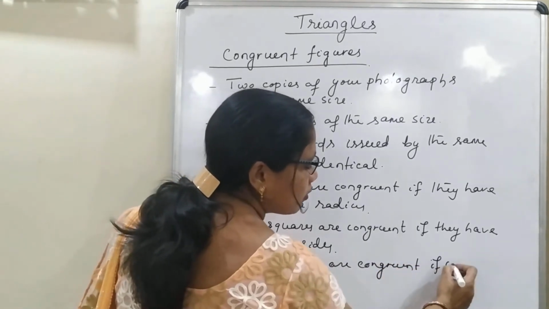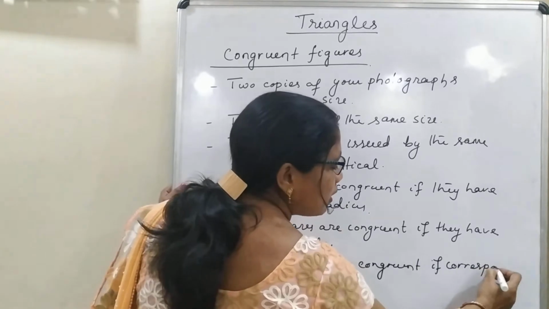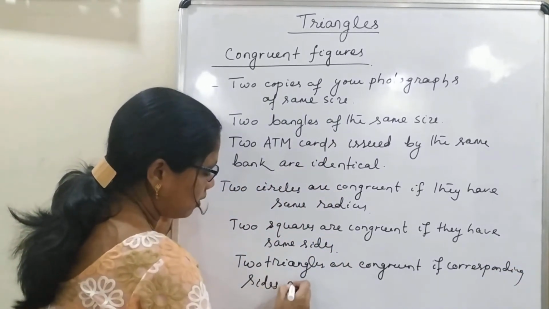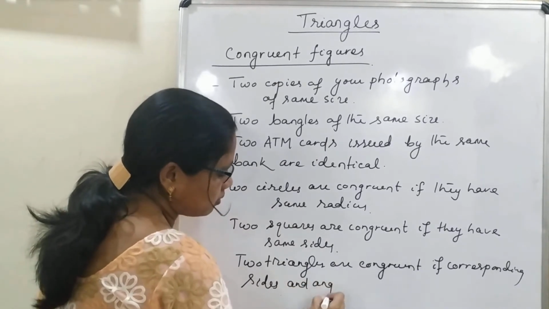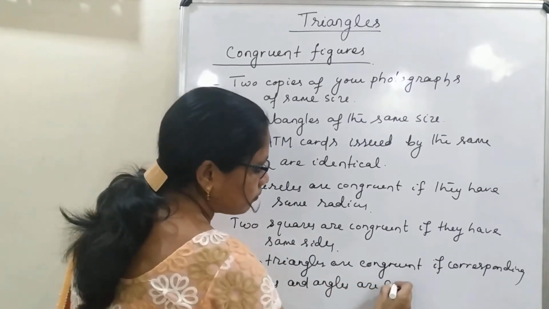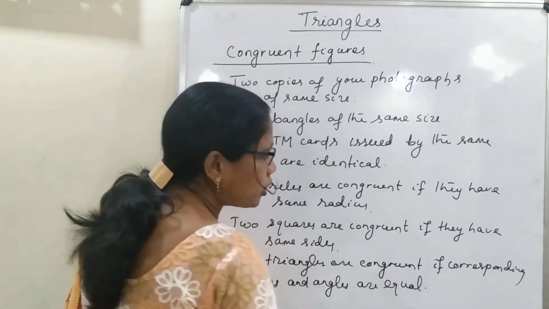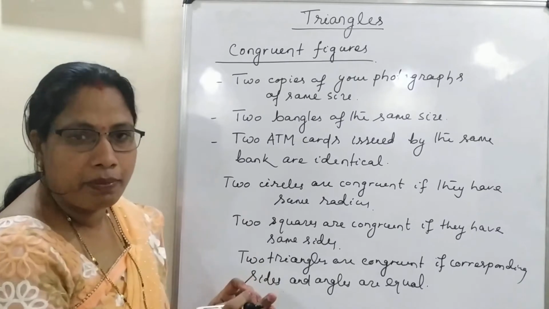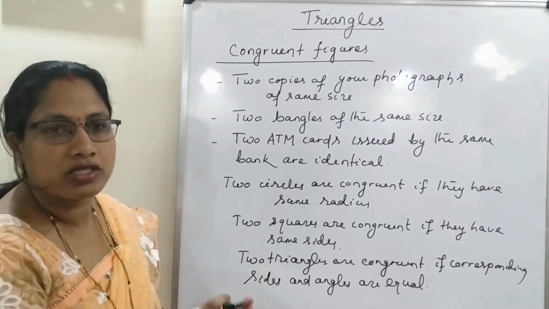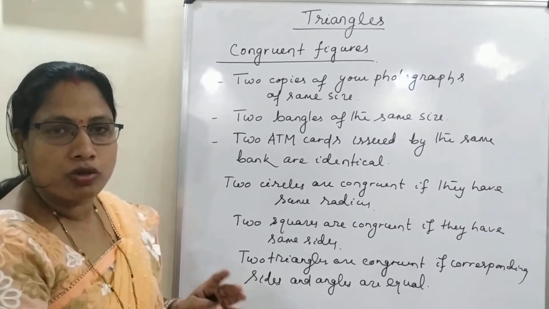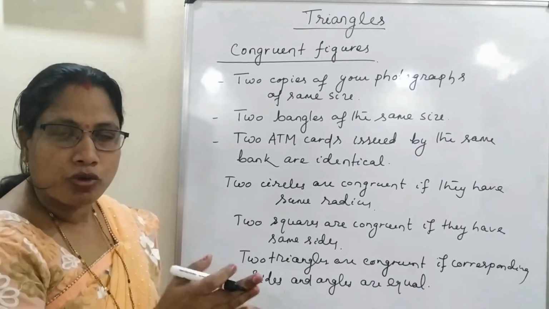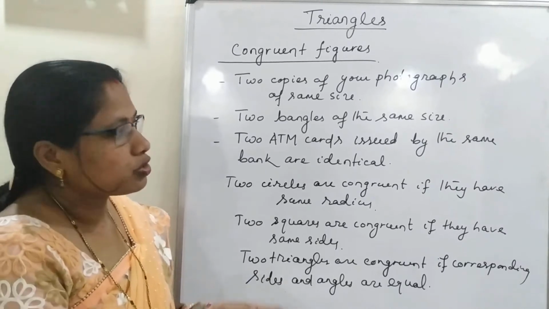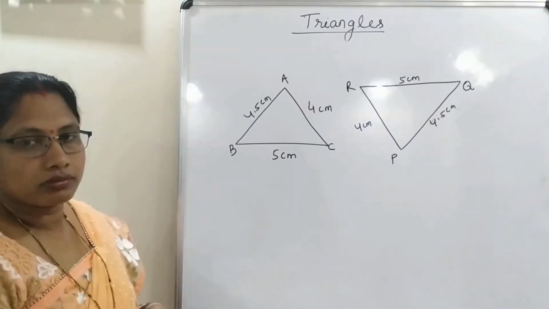So what do you mean by congruent figures? The figures having the same shape and same size are known as congruent figures. Between two congruent figures, if we put one figure upon the other, they will coincide with each other.